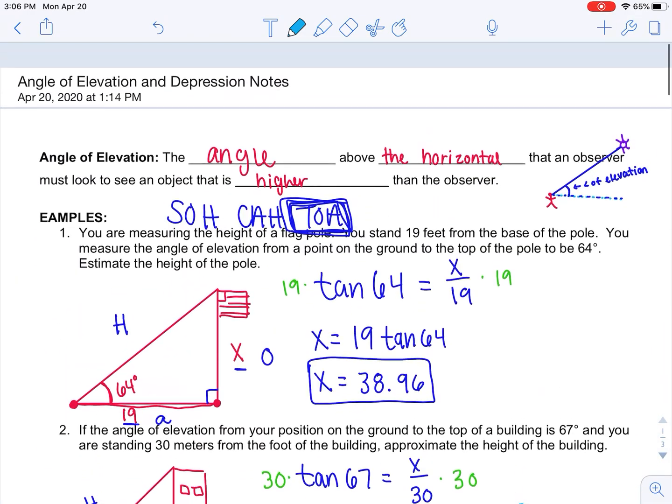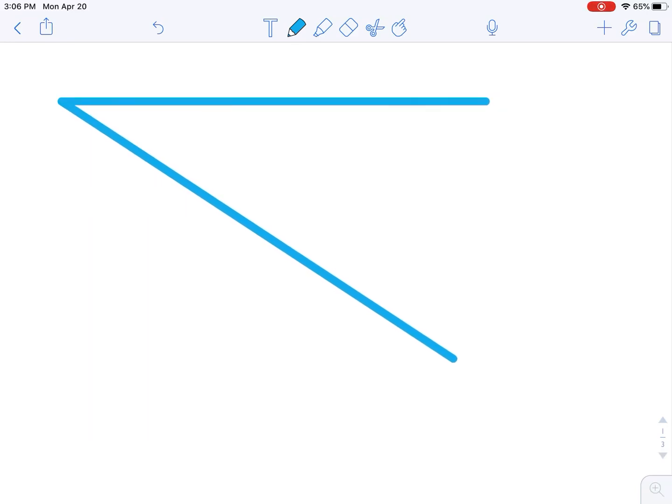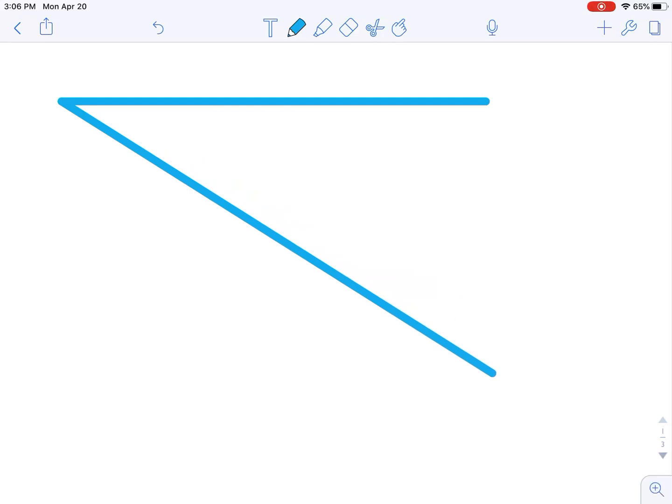But let's think of this. I'm going to come up here where I have some room. So we have, let's say this horizontal, and we're looking down. And we know that this angle is the angle of depression.